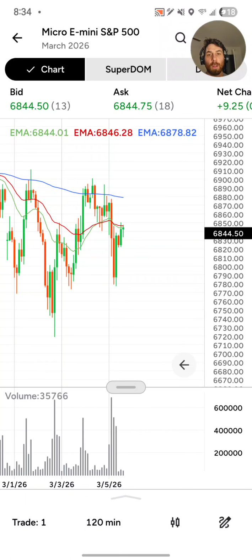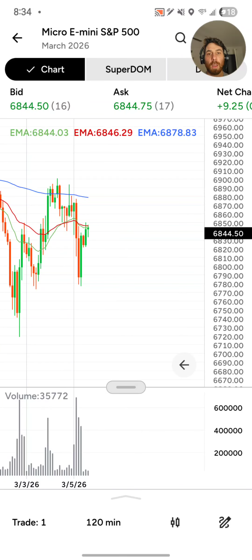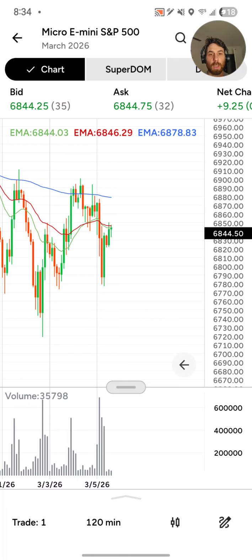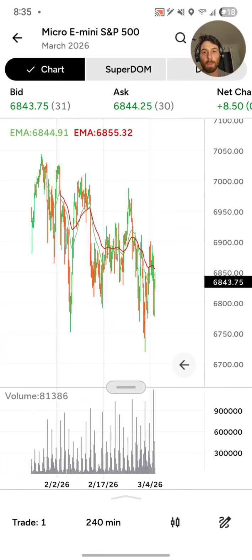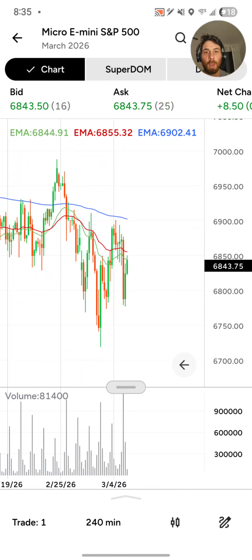So you can use the longer time period to show you that the long-term trend currently is going down because the current price is below the 200 period. The 200 period is 68.78 right here, and the current price is 68.44. Let's see if the 240 is going to show up. There we go. Now it showed up. So yeah, our 240 minute chart is also showing that the current trend is down. So those are the EMAs that I would like to add.